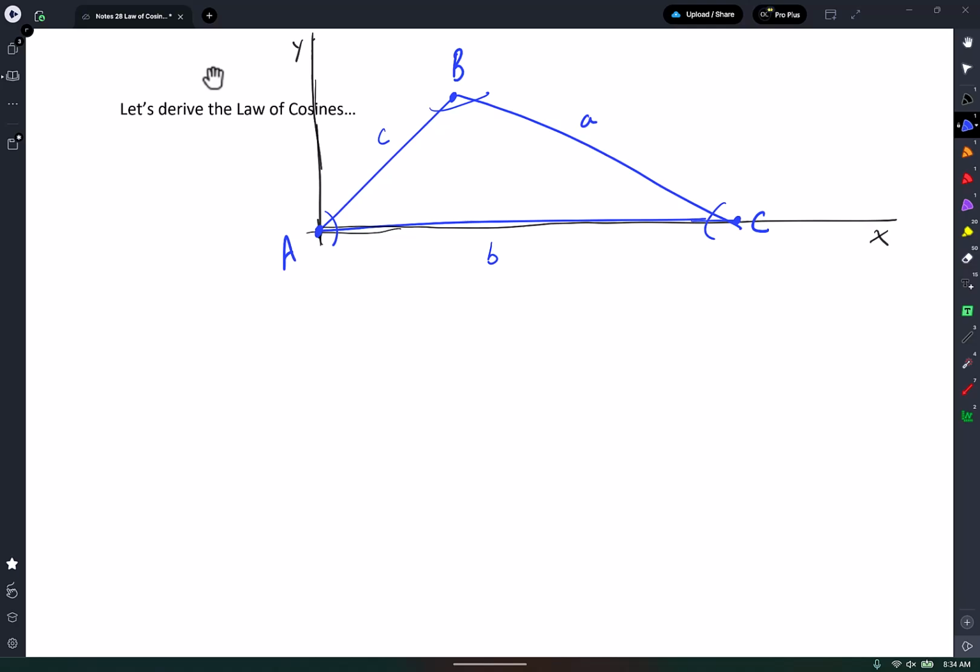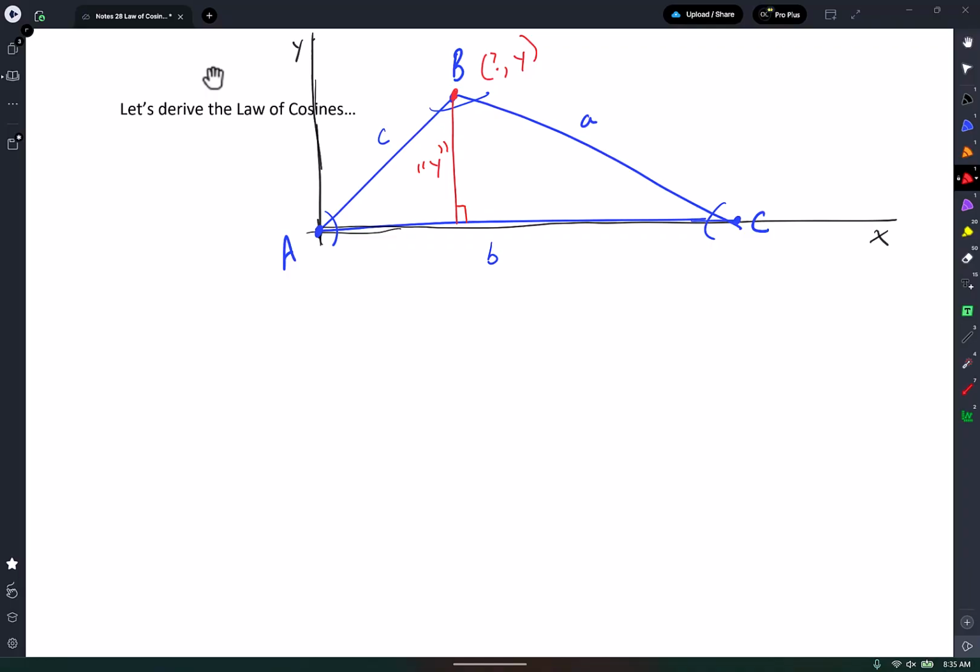Is everyone okay? Okay. I'm going to draw a perpendicular from vertex B, perpendicular to the x-axis here. You can call that your height, but I'm going to call that my y value, because this coordinate here is some x, some y value.